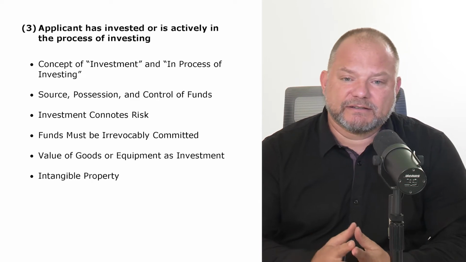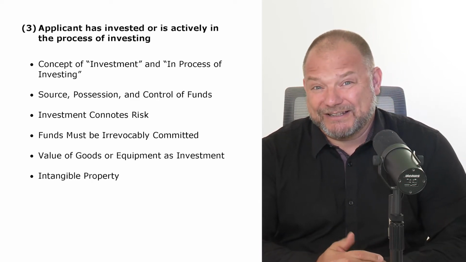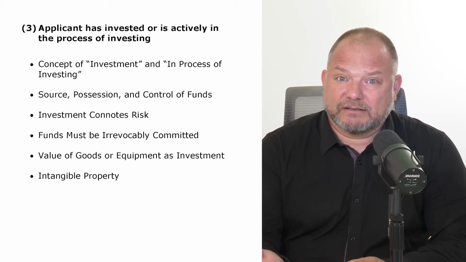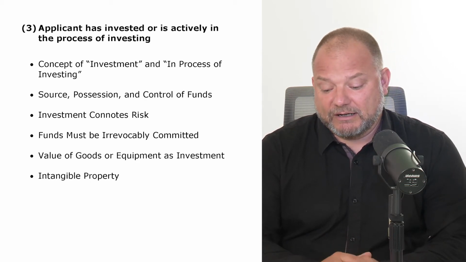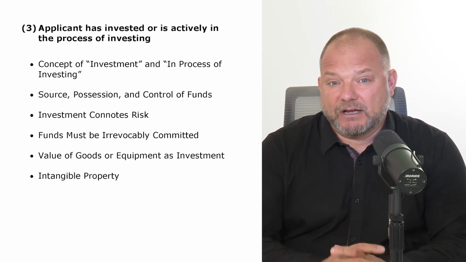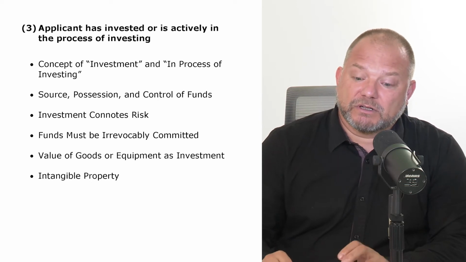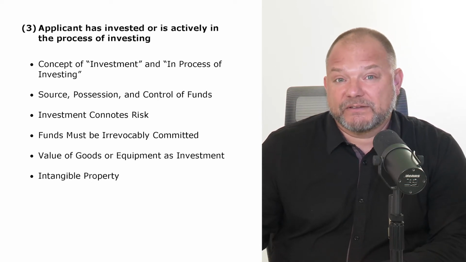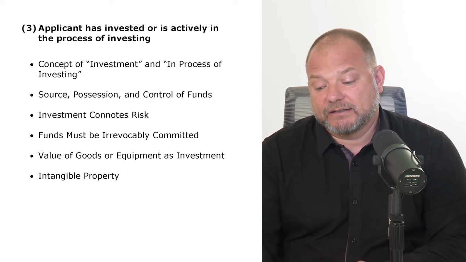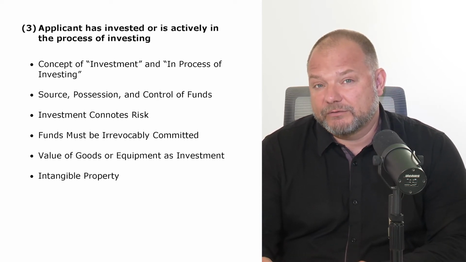In a lot of cases where the applicant buys an existing business, the sales and purchase contract of the business can be contingent on obtaining an E-2 visa, which the consulate will see as permissible, so that you can show basically that the funds are irrevocably committed.